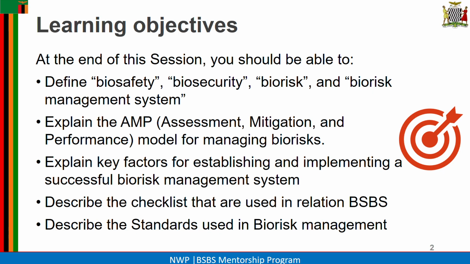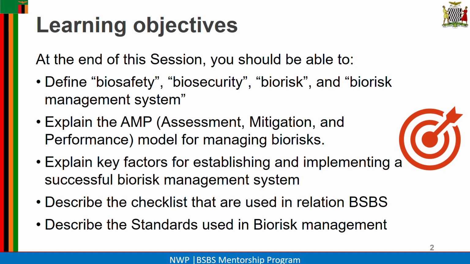By the end of this session, you should be able to define what biosafety is and what biosecurity is. Then you should be able to define what biorisk is and what a biorisk management system is. Then you should be able to explain the AMP, which is the Assessment, Mitigation and Performance Model for managing biorisks. Then you should be able to explain the key factors for establishing and implementing a successful biorisk management system.